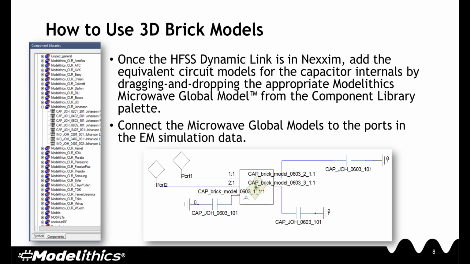To complete setting up the 3D co-simulation, once the HFSS dynamic link has been added to Nexxim, you can add the equivalent circuit models representing the capacitor internals by dragging and dropping the appropriate Modelithics microwave global model from the component library palette. Then simply connect the microwave global models to the desired ports in the EM simulation data.